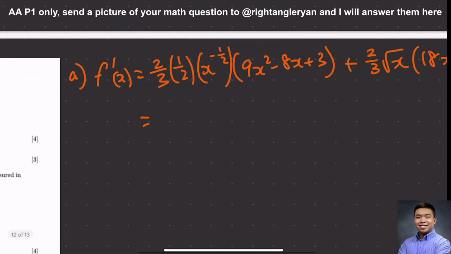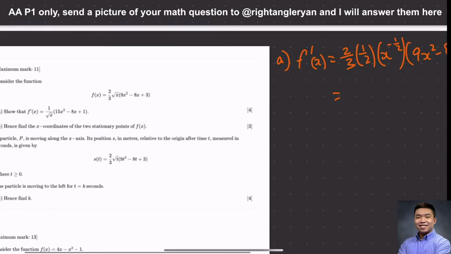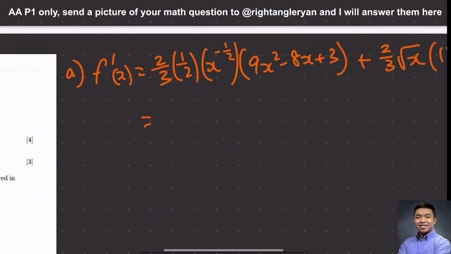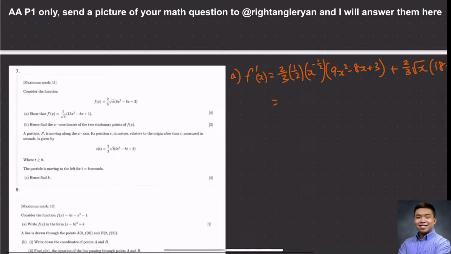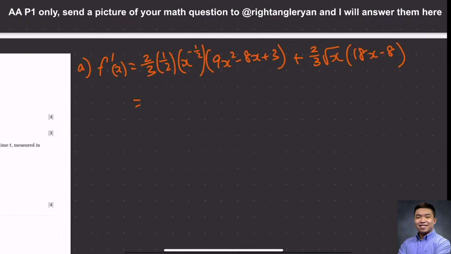Now simplify everything so that it looks like 1 over root x, okay? What does this mean? 1 over root x.